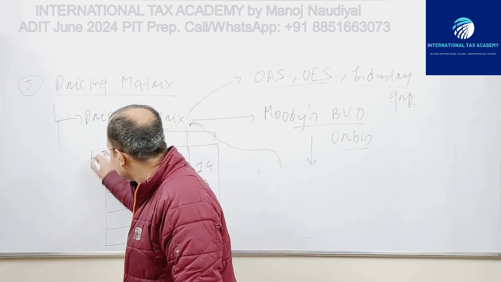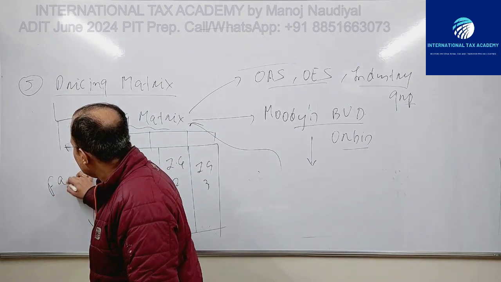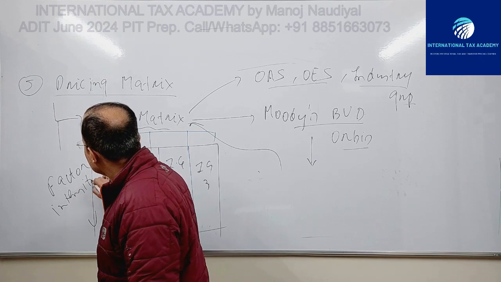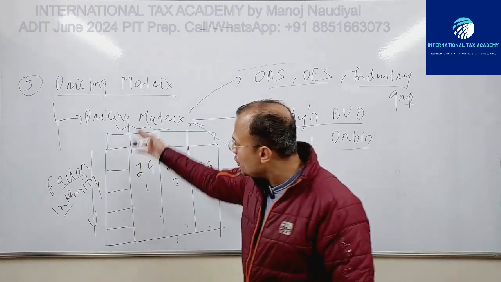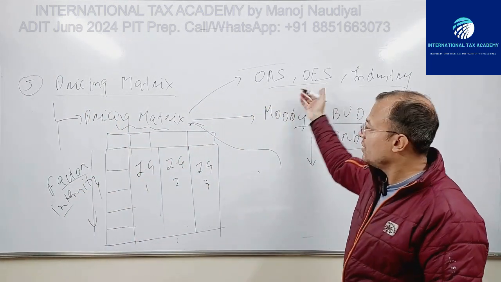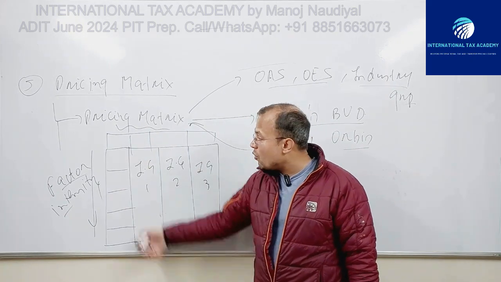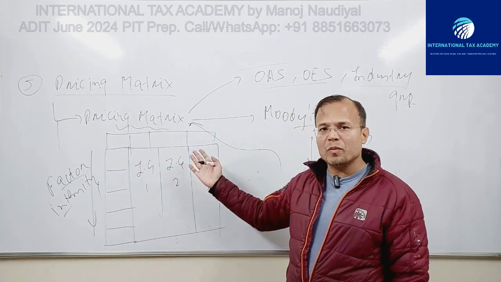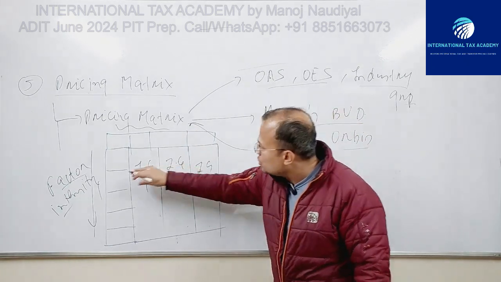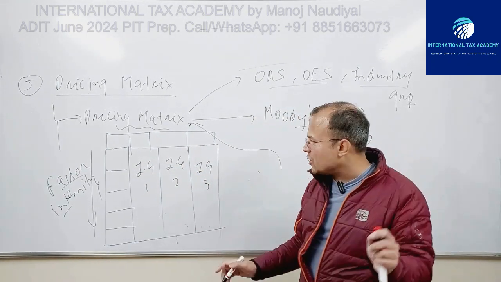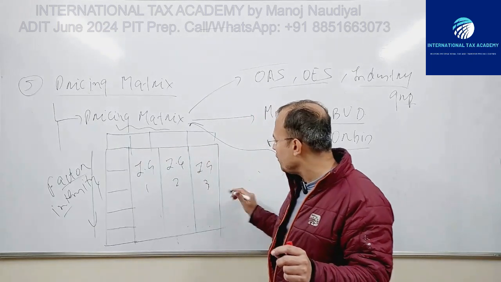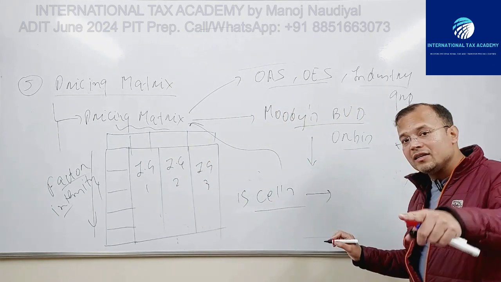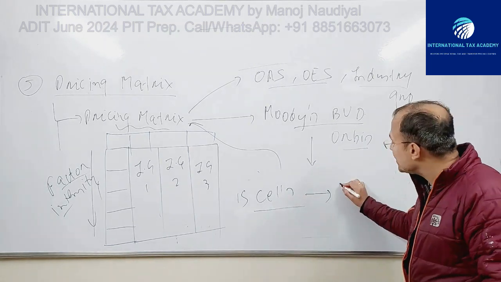This contains the factor intensity classification. So here you have OAS and OES, the factor intensity classification from high to low, and here you have industry groupings 1, 2, 3. So you'll have 5 times 3, 15 cells, and these 15 cells contain entries, and those entries are basically ROS, return on sales.